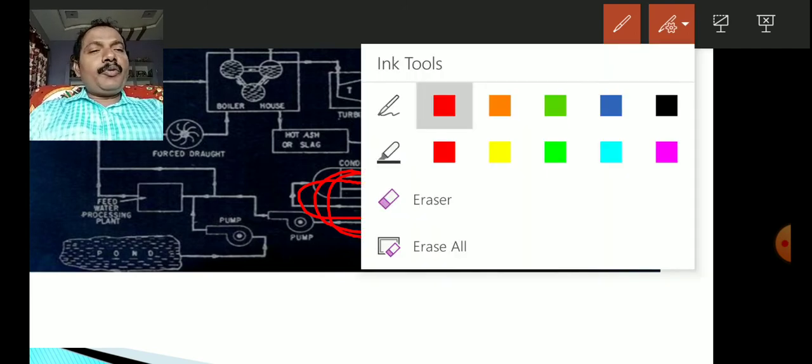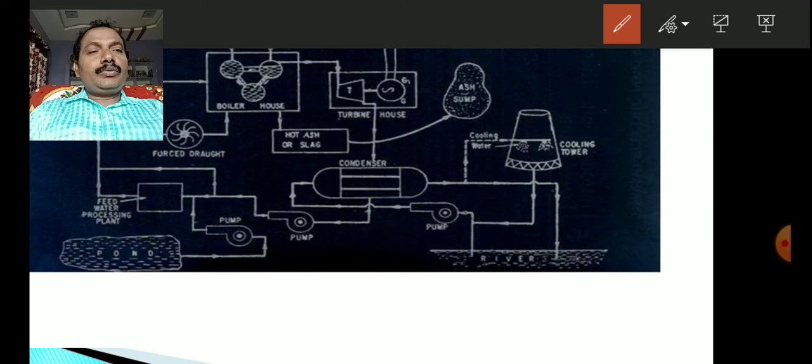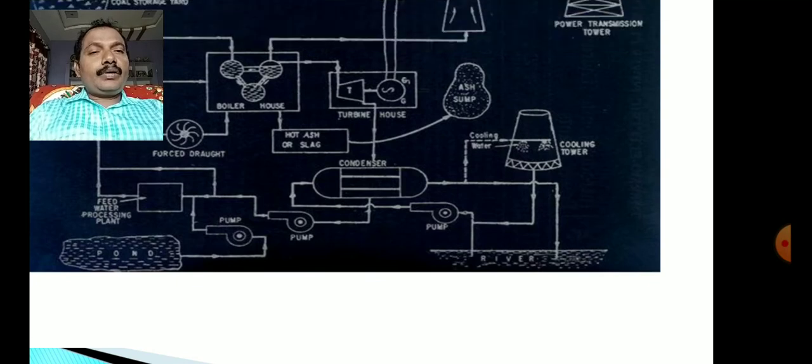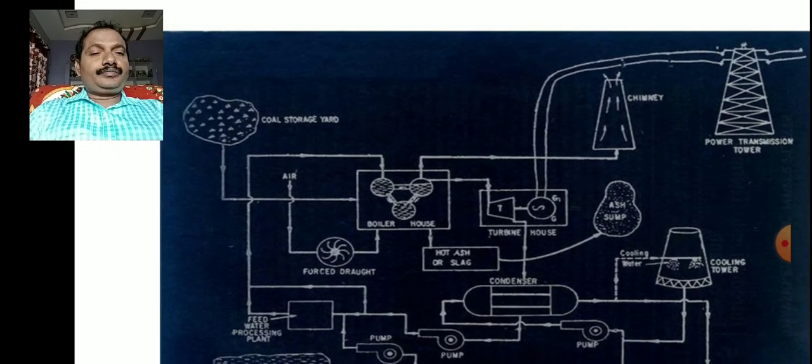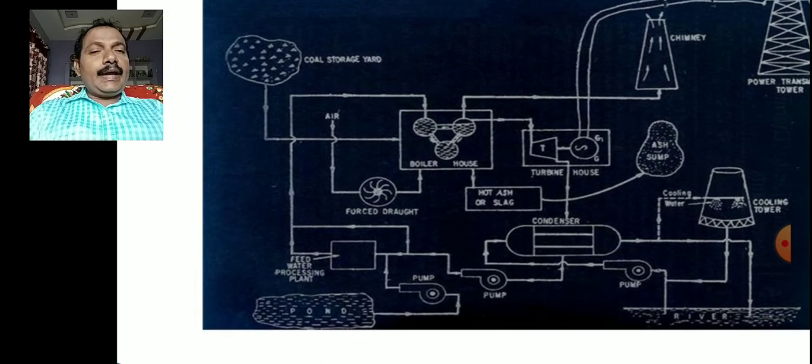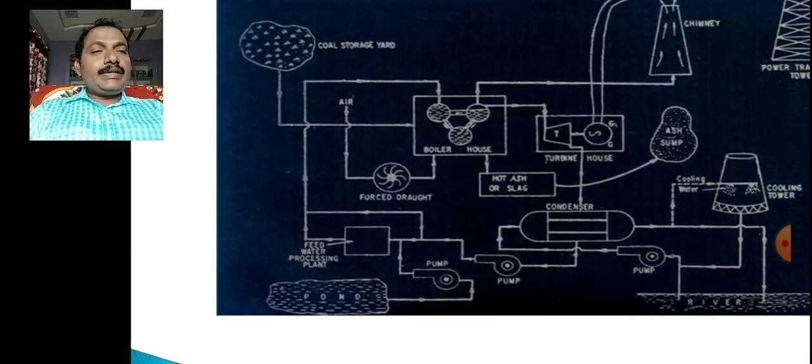The important point you have to observe is that in the diagram, economizer is not shown, air preheater is not shown, and superheater is not shown. Already in the previous diagram we have discussed that.